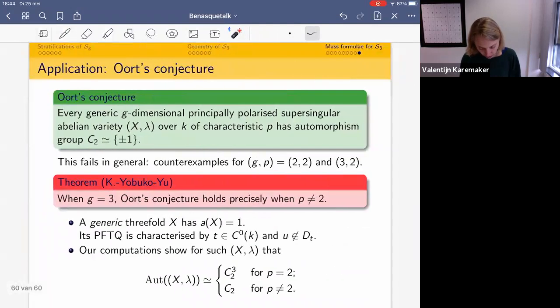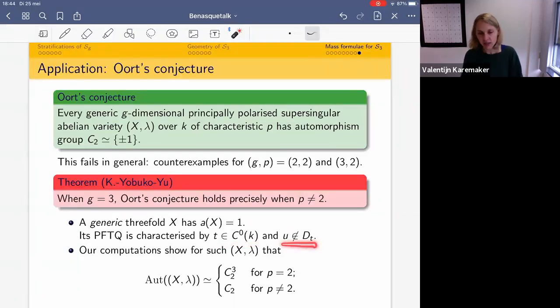So some notes about this. Generic, this word generic up here, in general means that the map from Spec A to S_g factors through a generic point. But for us, it means a few things. So the a-number is 1. We saw that this is a generic case. And the Frobenius quotient over it, t and u, also have to be generic, which means that t does not live over F_p squared. That also follows from the a-number 1 thing.